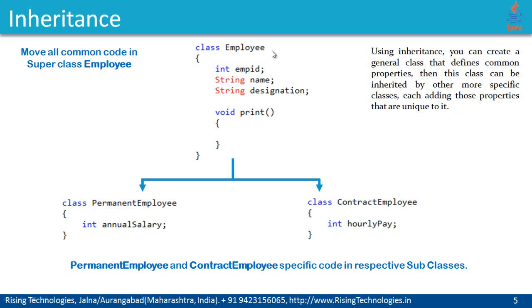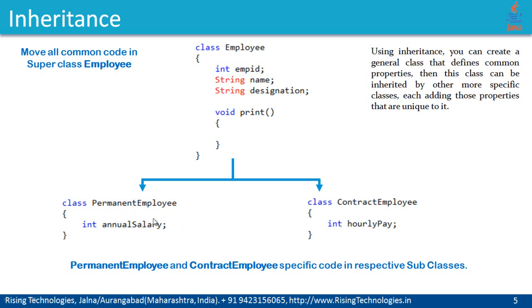That means if I create this Employee class, I can move all common properties, that is employee ID, name, designation and this print method within this Employee class. And now I can create two more classes. These classes are going to inherit from this Employee class. So I can say this is a more specific class. So this inherited class or child class is going to acquire all properties from the Employee class.